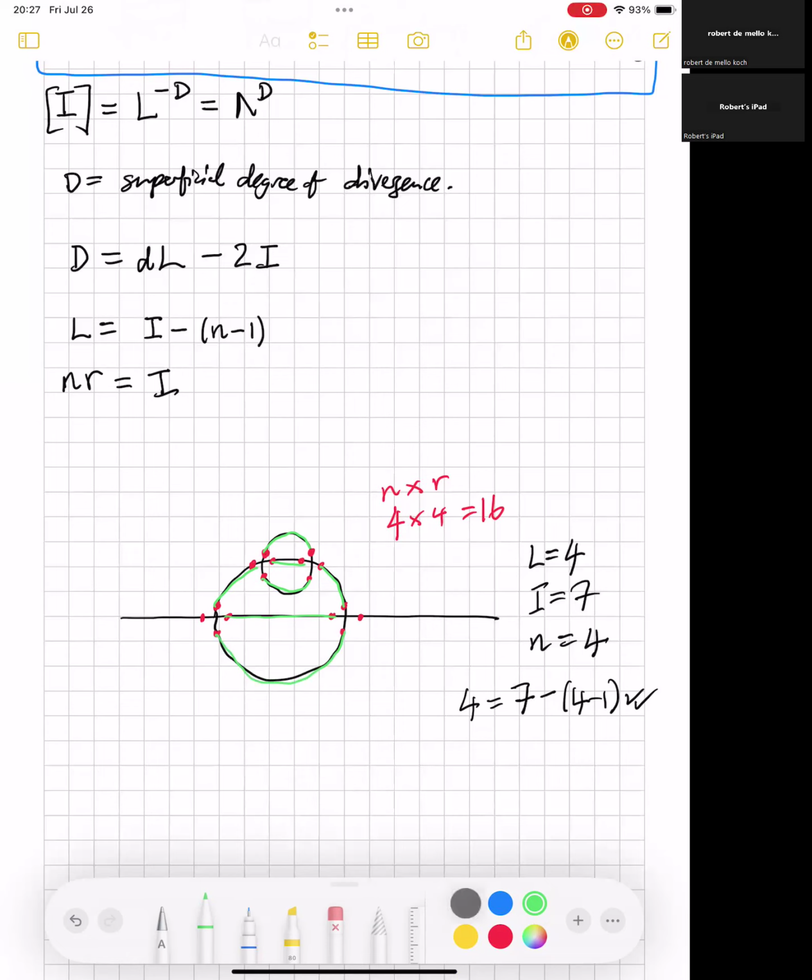So each internal line is related to two dots. And then plus each external line connects to one of the dots.